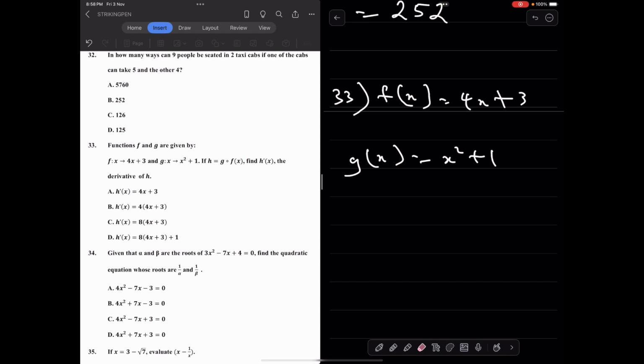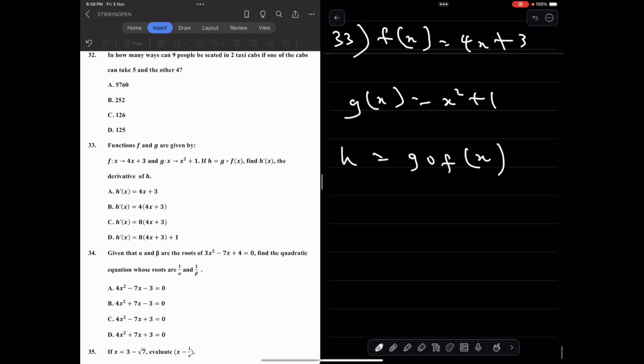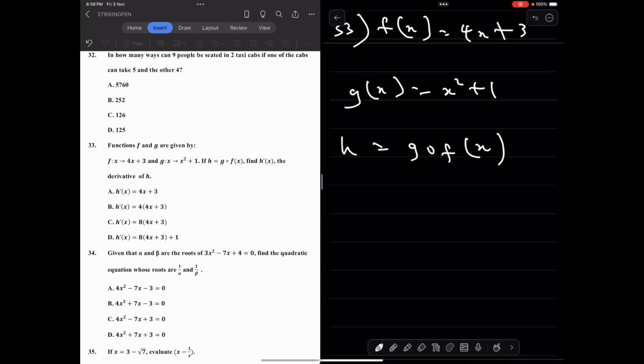Now the question says, if h is equal to g of f of x, find h prime of x, the derivative of h. All right, first of all, let's find h of x to be able to find the derivative of h of x.